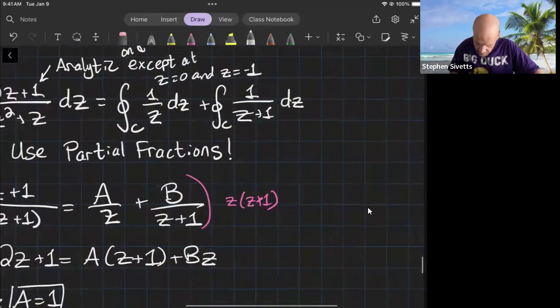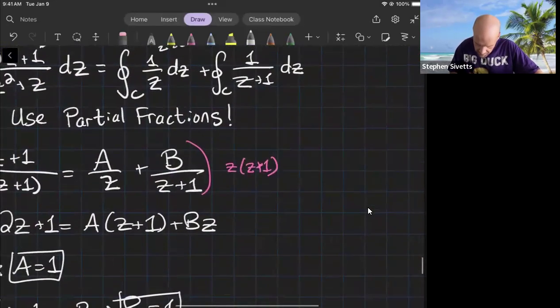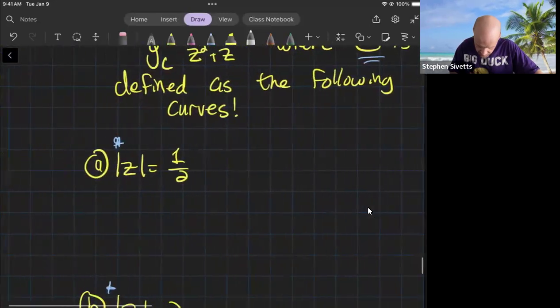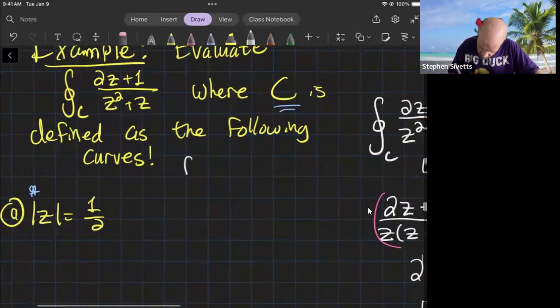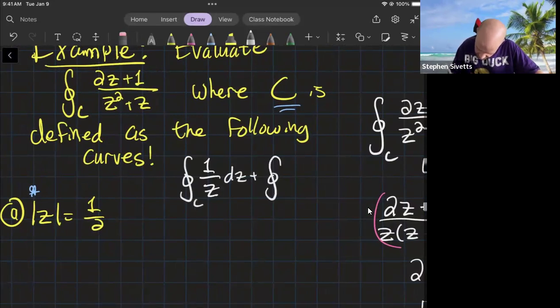So let me write out the functions over here: 1 over z dz plus the integral over C of 1 over z plus 1 dz.